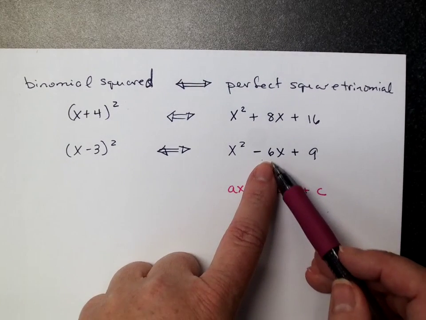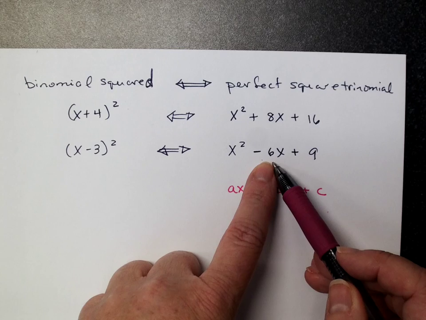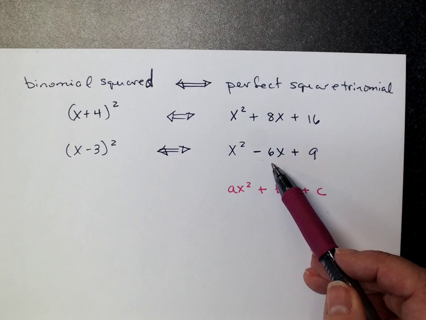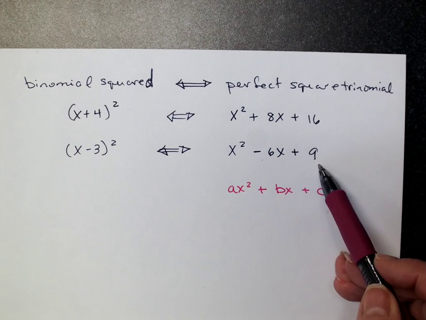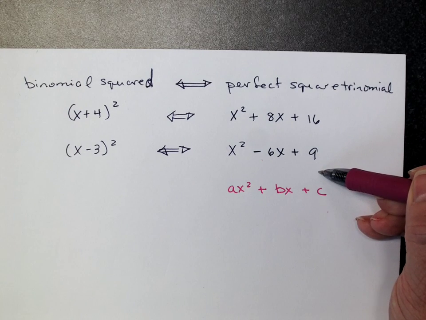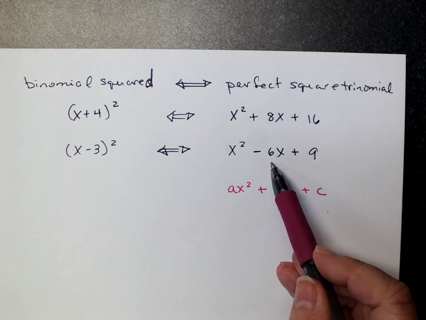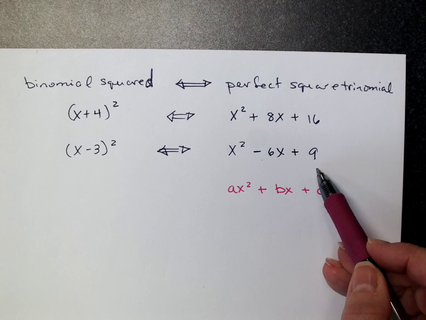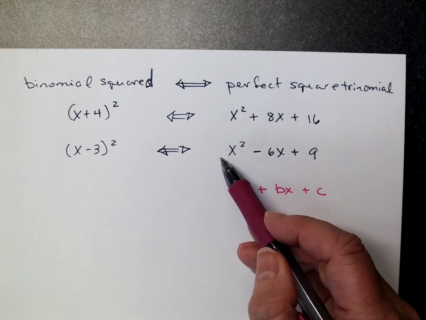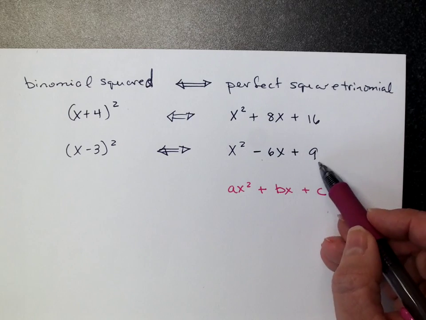If I cut this in half, 6 divided by 2 equals 3. Now square that, you get a 9. Because if I unsquare this to get 3 and double it, I get 6. And I can do that because in this case my a equals 1.